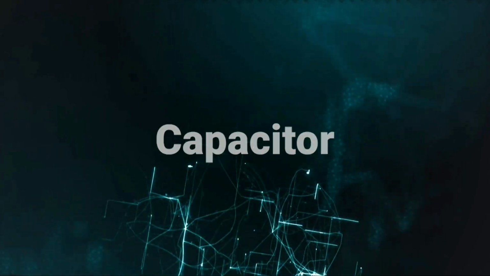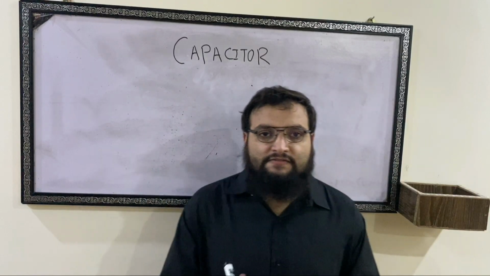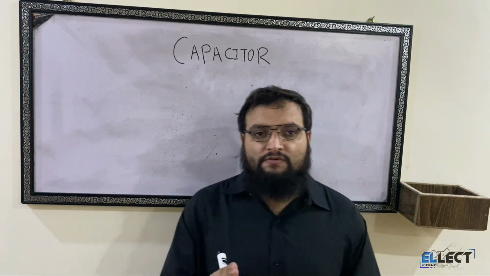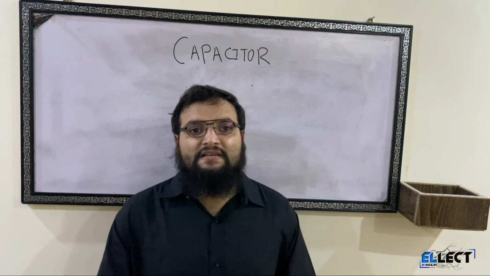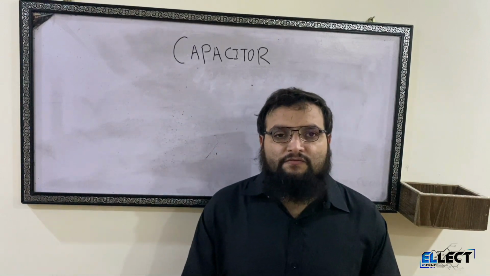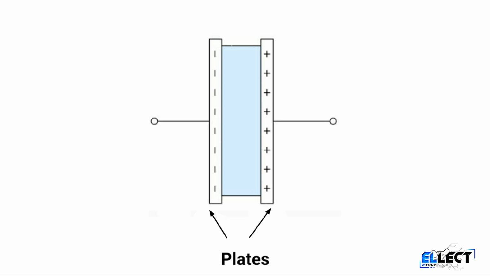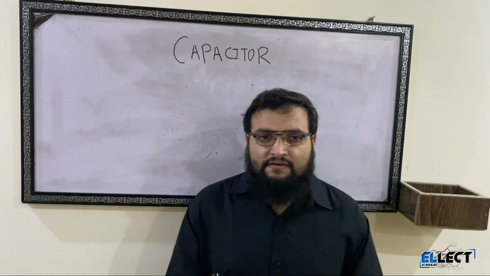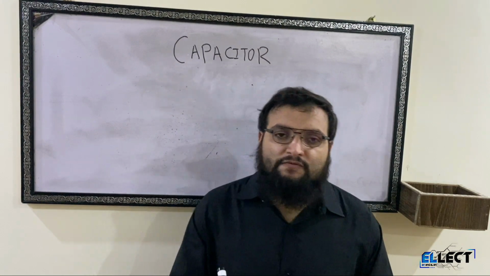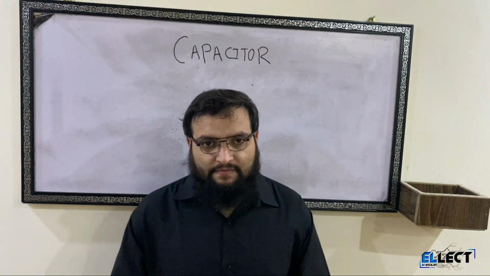Capacitor. A capacitor is a passive device which is used to store energy, as well as to oppose the flow of change in voltage. It consists of two plates separated by an insulating material, which may be air or anything else, and which defines the type of that particular capacitor.